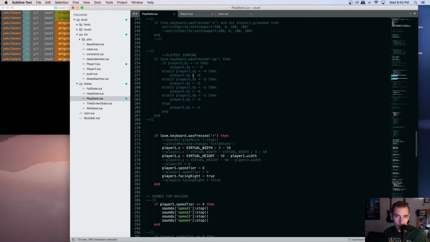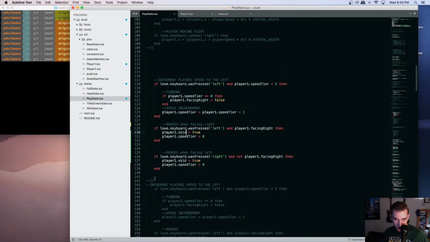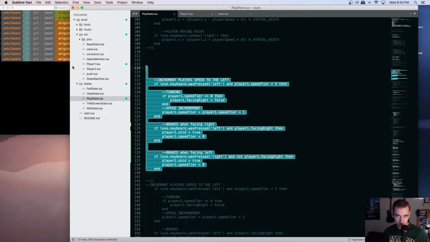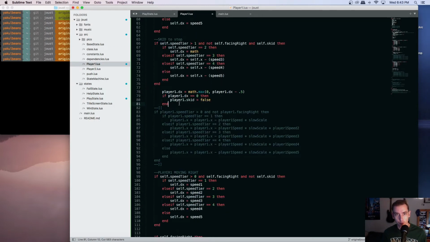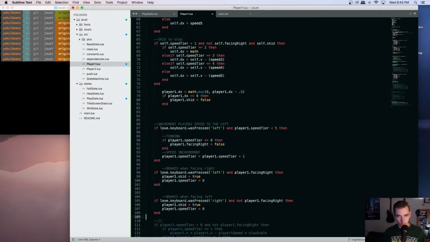So I can move all this code over to the player class, which is where it probably should live.